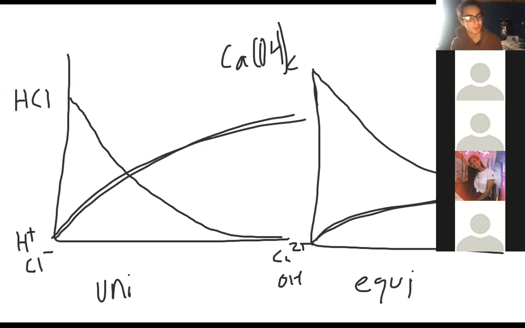It's not that one runs out, but rather they reach equilibrium where calcium hydroxide will no longer dissociate. And because it's not dissociating, the concentrations of those ions will not increase either.